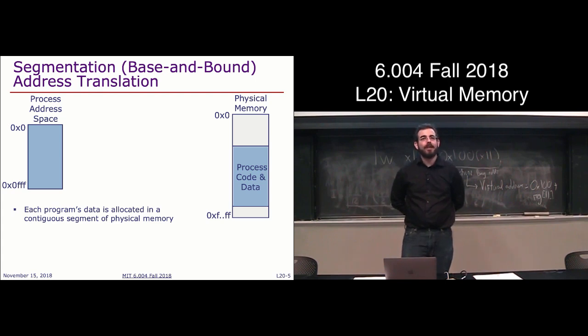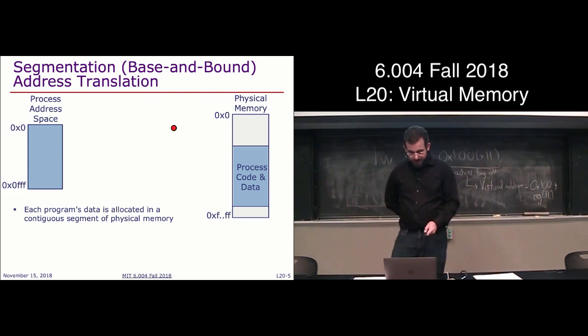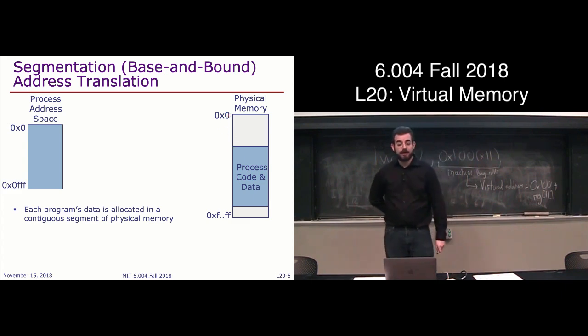But because we want to have multiple processes, we want each process to believe that its address space starts at address 0. We need to perform some translation, right? Because not all the processes can have their memory starting at physical address 0.